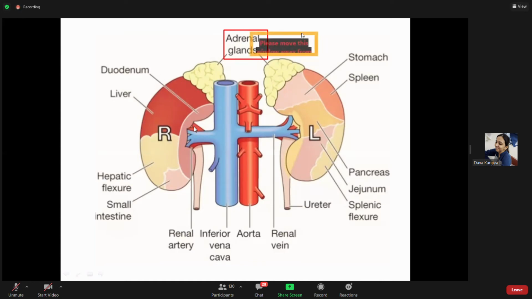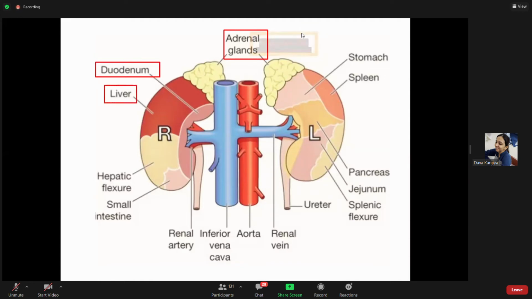Now let us see the relations on the right side. See, this one is the hilum of kidney, which gives passage of the blood vessels and renal pelvis. Now the anterior surface nearer to the medial border is related with the second part of duodenum. Rest of the anterior surface is divided into two parts.